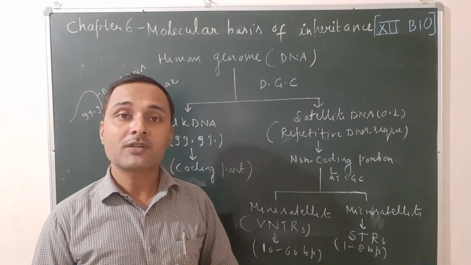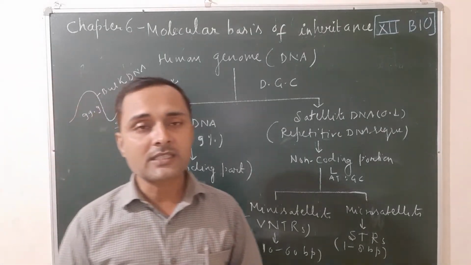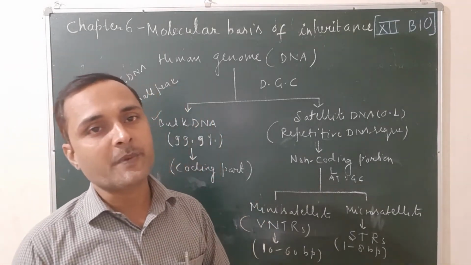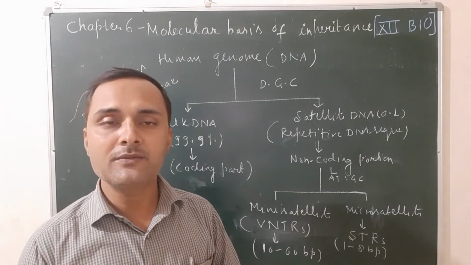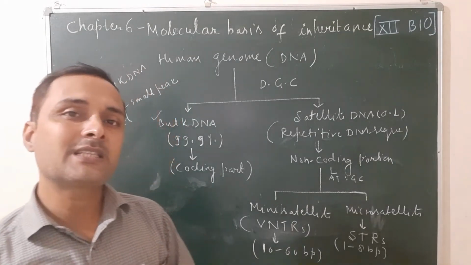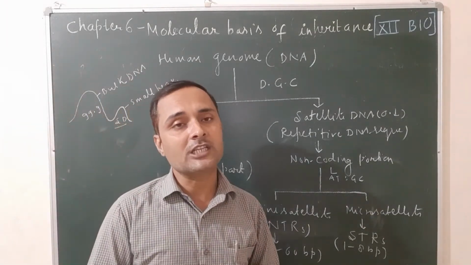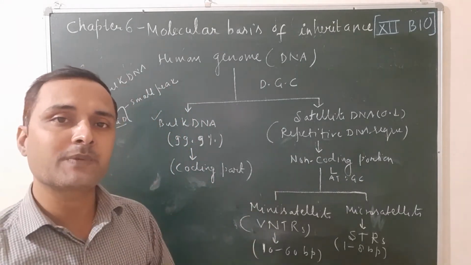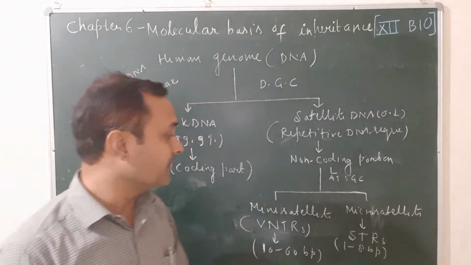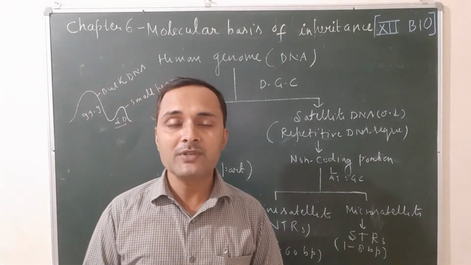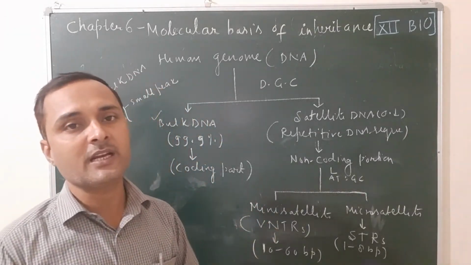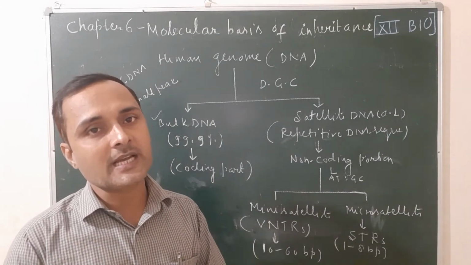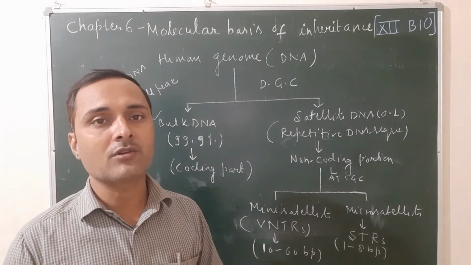VNTRs stands for variable number of tandem repeats, and may be defined as a repetitive DNA sequence that varies from person to person. With the help of DNA fingerprinting, we can identify a person's identity by finding out the VNTRs.